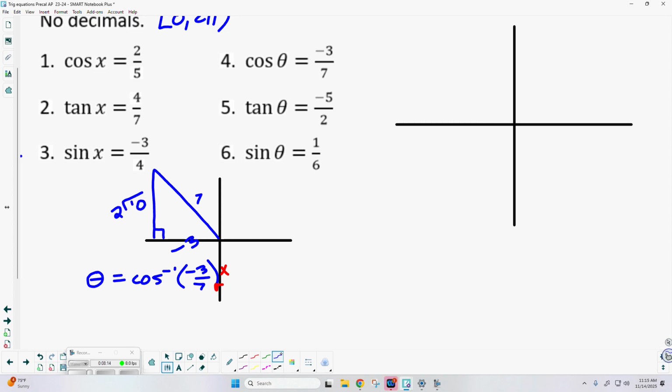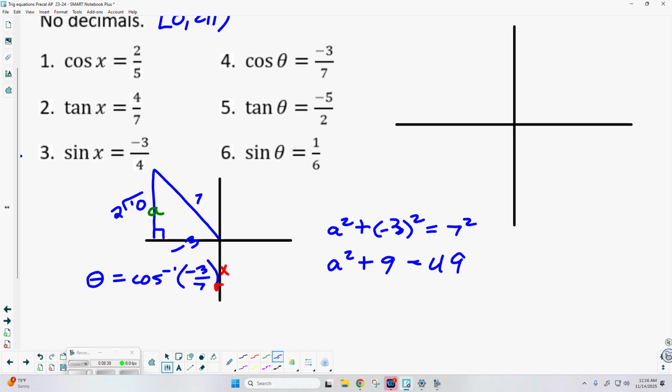Now, do we need to go through Pythagorean on this one? Yes. Okay. So let's say this is a right here. So a squared plus b squared, a negative 3 squared, that's a negative 3 up there, is equal to c squared. Well, a negative 3 squared is 9, plus 7 squared, that's going to give me 49.